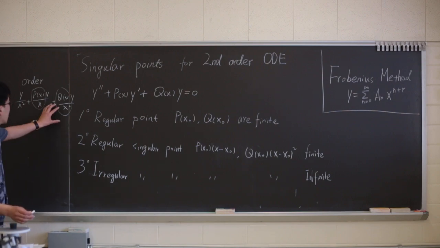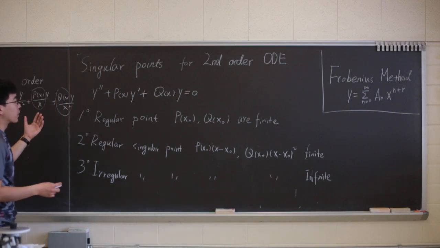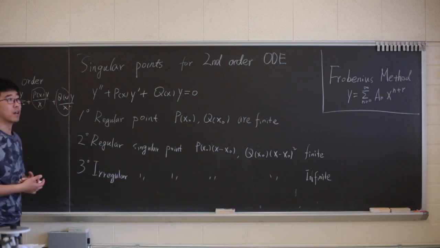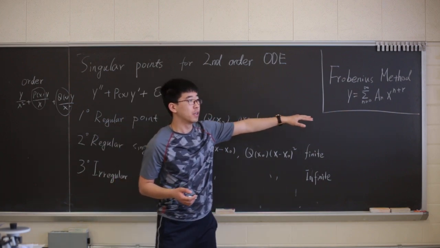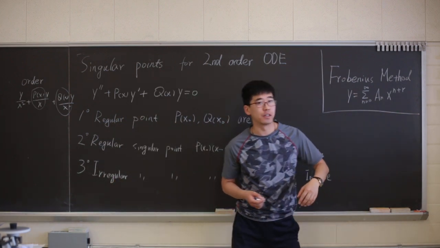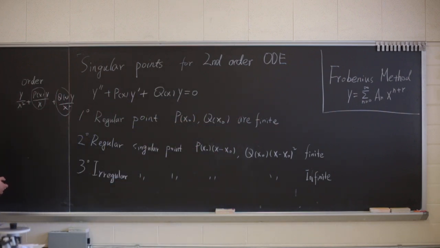Because if we have a regular singular point, the growth of the form of the series will be in the order of x to the n plus r.